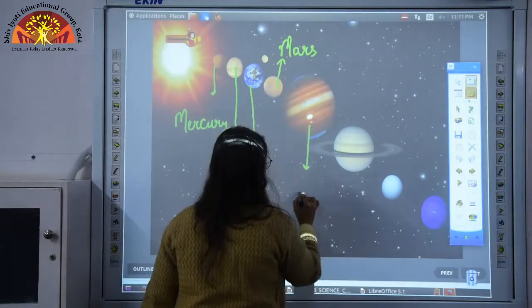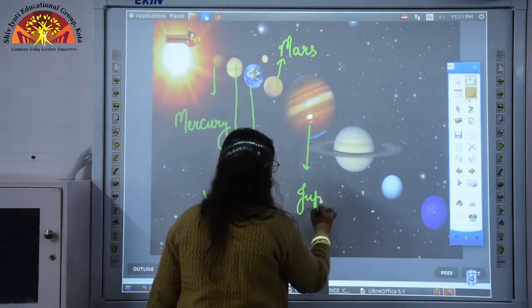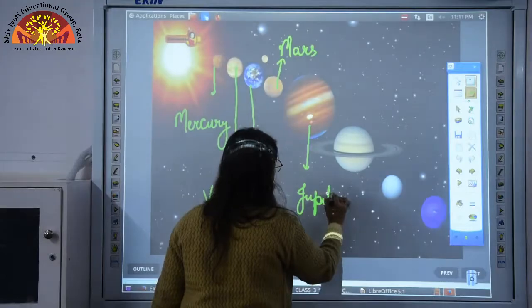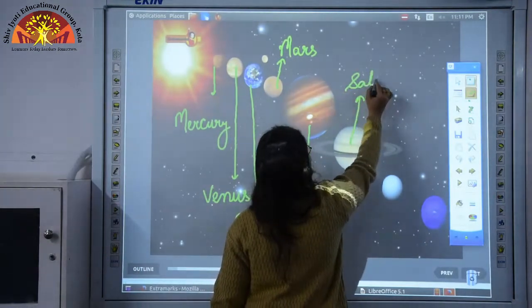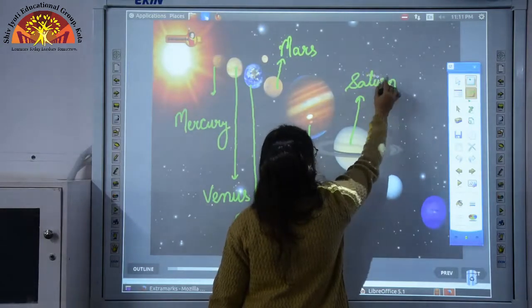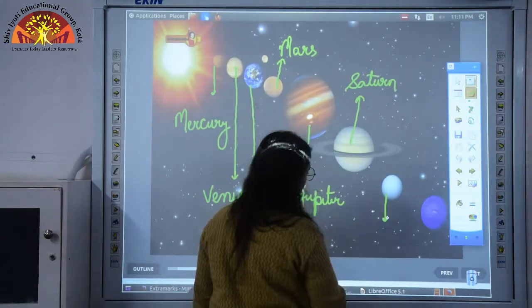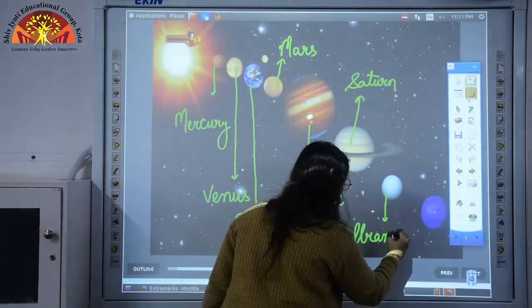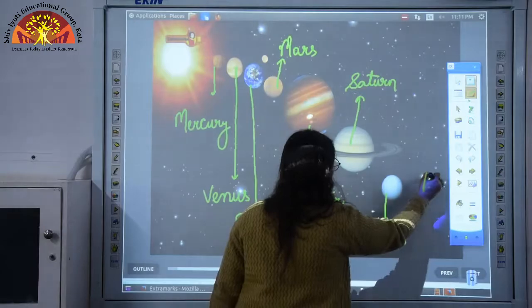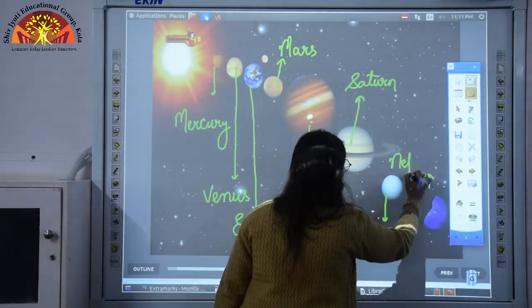Then Jupiter. Then Saturn. Seventh planet here is Uranus. And the eighth planet here is Neptune.